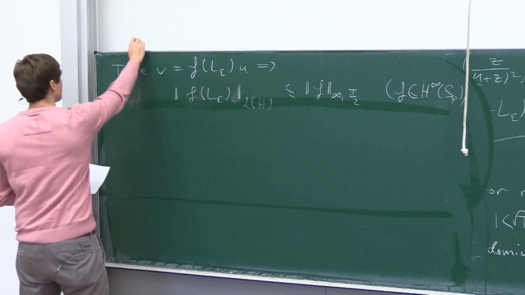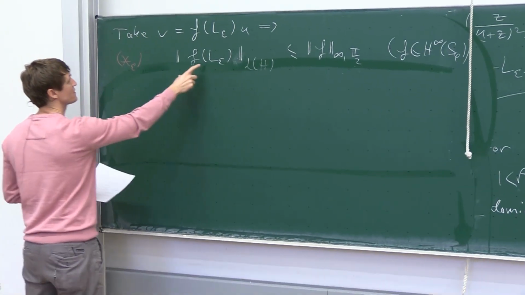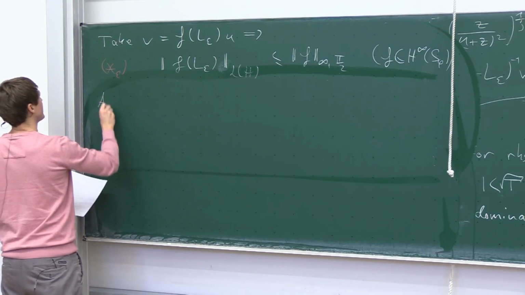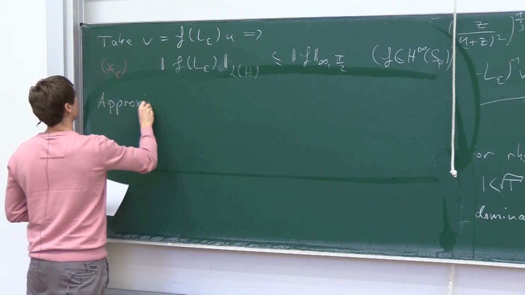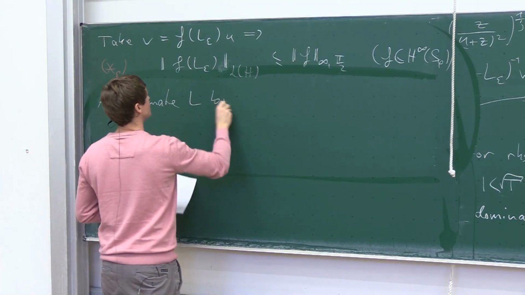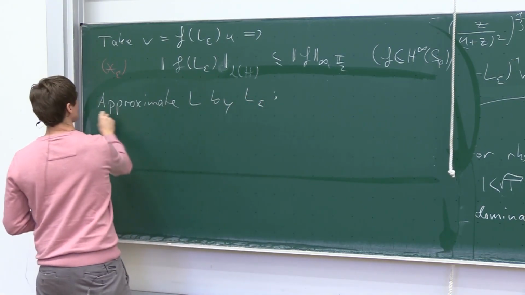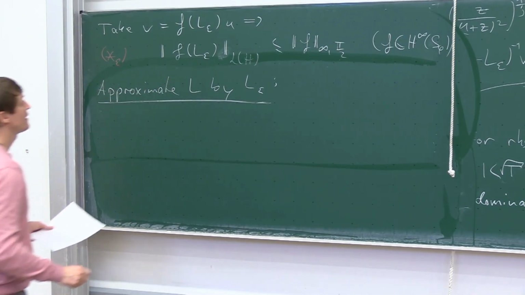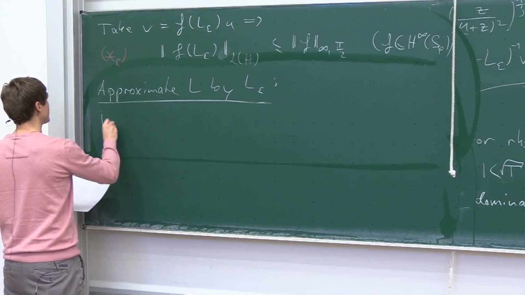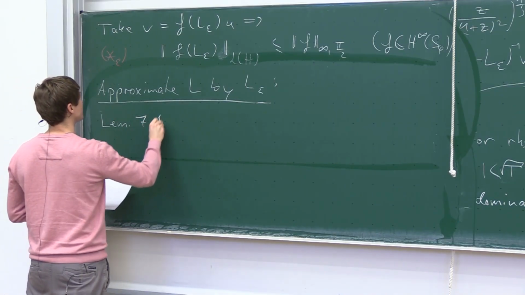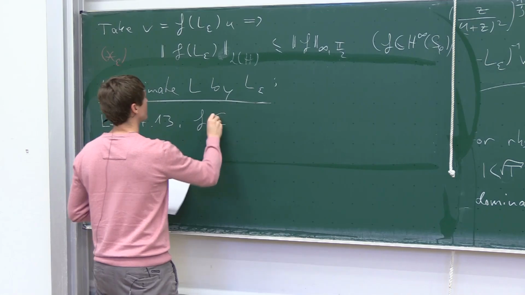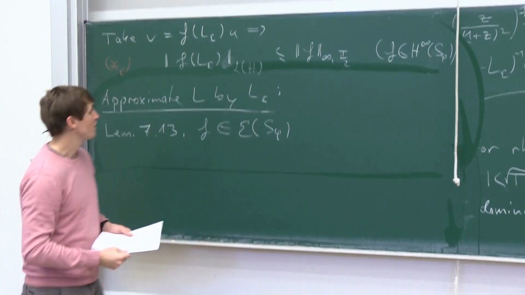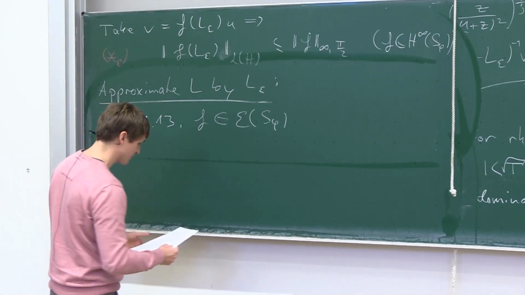And the final step is to transfer this inequality here by approximation to the operator A. So the final step would be to approximate L by L epsilon. And I just notice here that we've proven in Lemma 7.13 that if f is in the Dunford-Riesz class, we have the strong approximation property of f of L by operators f of L epsilon.